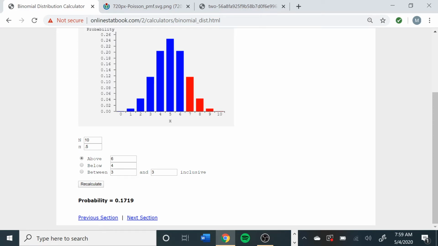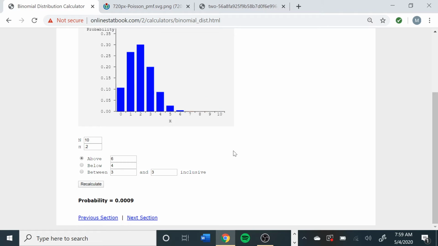Now, this can be important when you're working with probabilities that are different from 0.5. Look what happens when we change the probability to 0.2. So like, let's say we had a coin that was a little screwy and it only came up with heads 20% of the time.